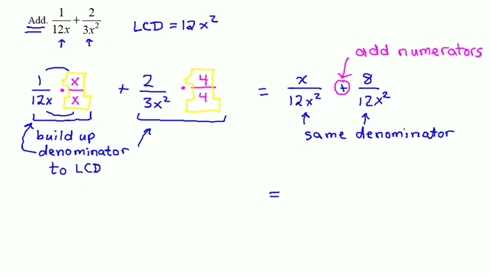I just get to write it as addition in the numerator. x plus 8 is simply x plus 8. There's no way to combine those, but I do now have this over a common denominator of 12x squared. It's not possible to simplify this any further. We don't have any common factors on the top and bottom. Remember that we can't take 4 out of that 8 and 12 because 8 is an added term in the numerator of this expression.